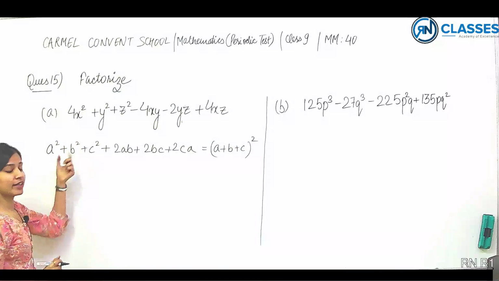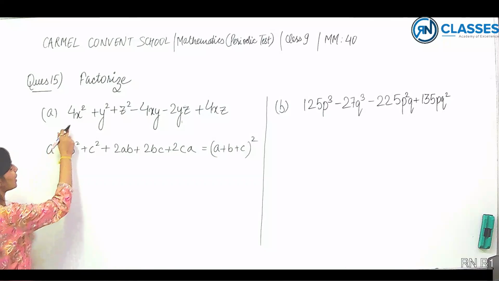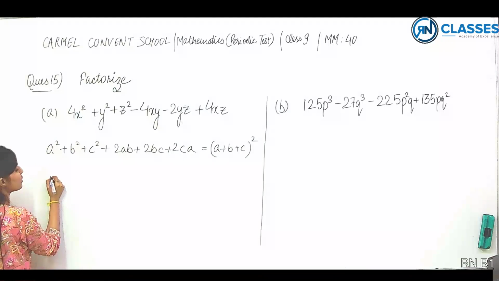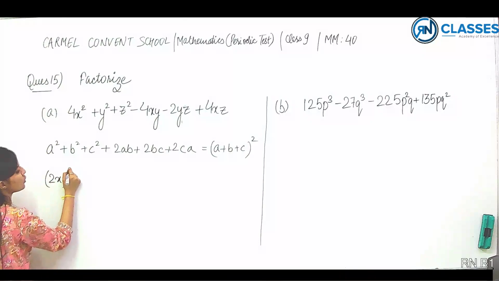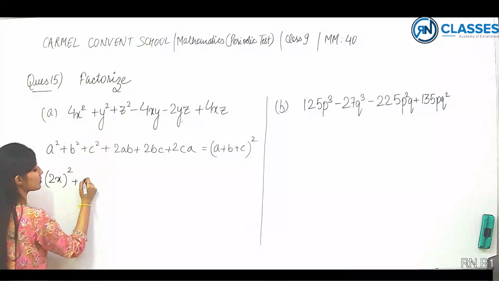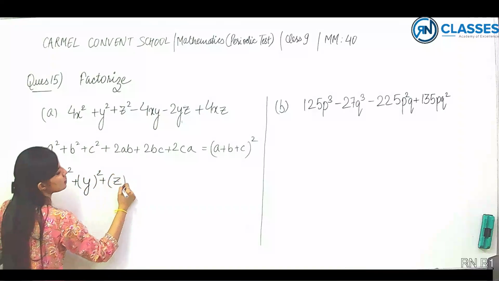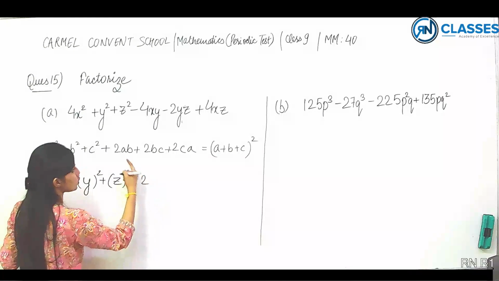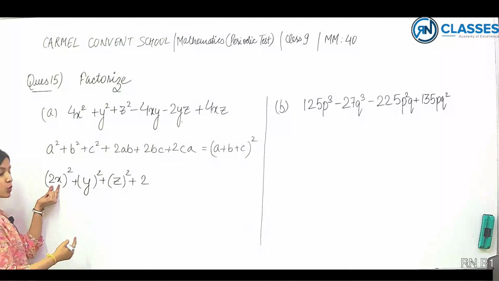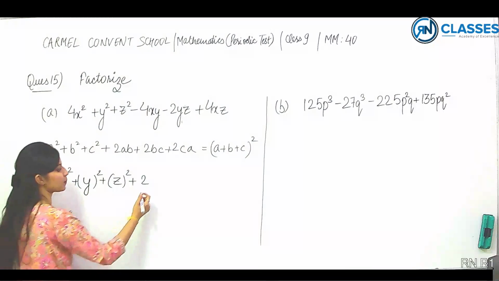अब इसको इस आइडेंटिटी के फॉर्म में लिखें. a स्क्वायर, इसको ध्यान से देखें तो this is 2x का होल स्क्वायर प्लस this is y स्क्वायर प्लस z स्क्वायर प्लस 2 into ab, that is 2 into 2x into y.